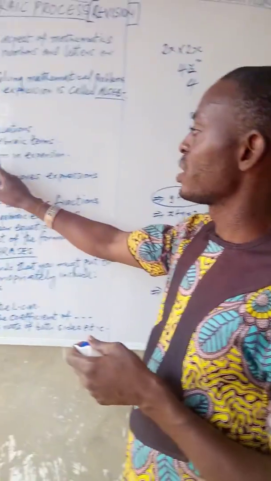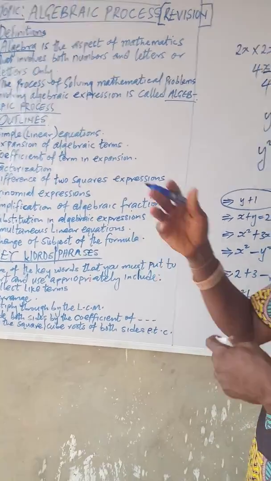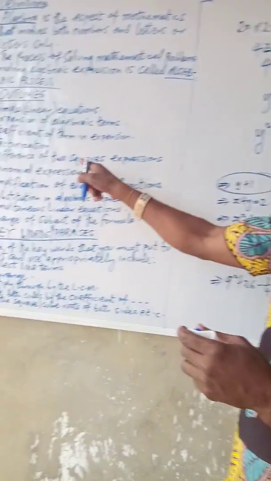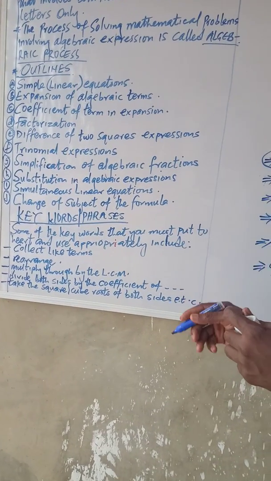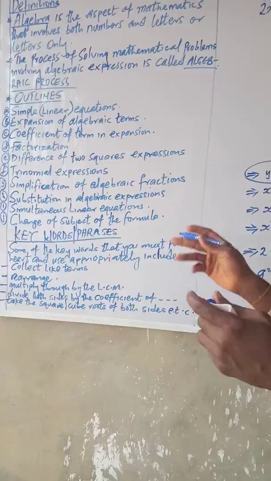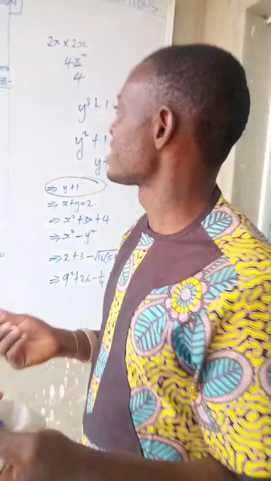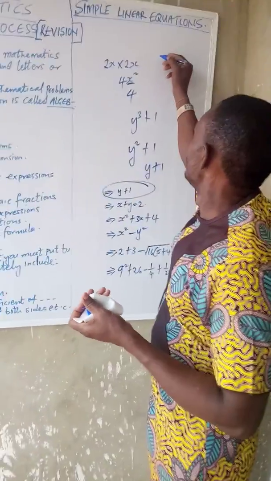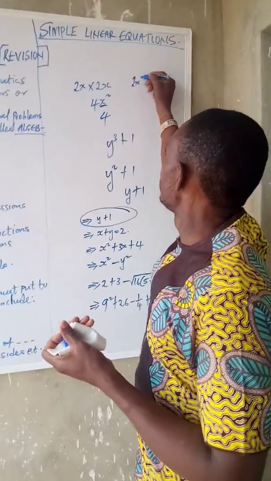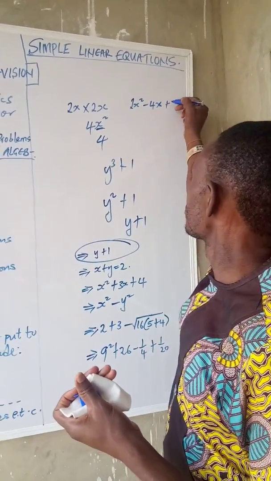Then we'll move to factorization, and it will involve even up to quadratic factorization. Then difference of two squares in expressions. Trinomial expressions. By trinomial expression, we mean expressions that have 3 entities. Like if you have 2x squared minus 4x plus 5.